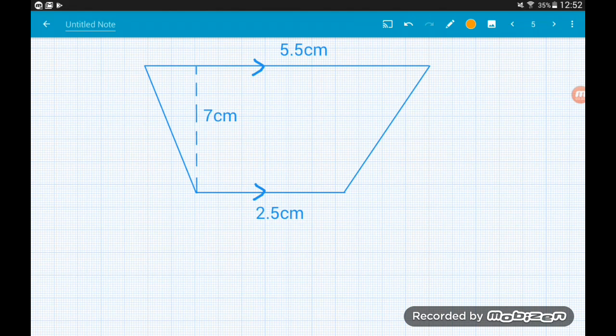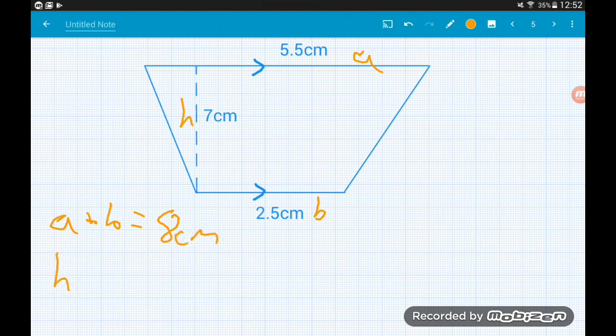Okay, so again, start off by labelling. Let's call the top A again, and the bottom B, and then the height H. Then let's work it out step by step again. So A plus B, well, that's 5.5 centimetres add 2.5 centimetres, which adds together to give us 8.